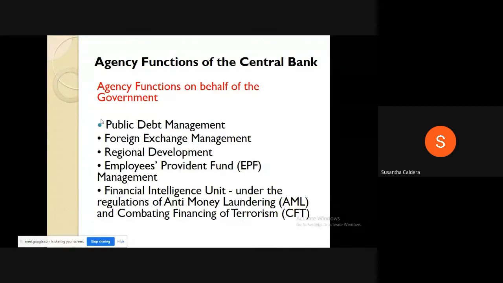Financial Intelligence Unit, FIU, under the regulations of anti-money laundering and combating financing of terrorism, under AML and CFT. The Financial Intelligence Unit was started in 2007, and that also comes under central bank supervision.